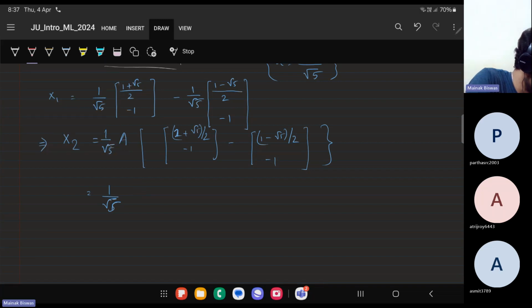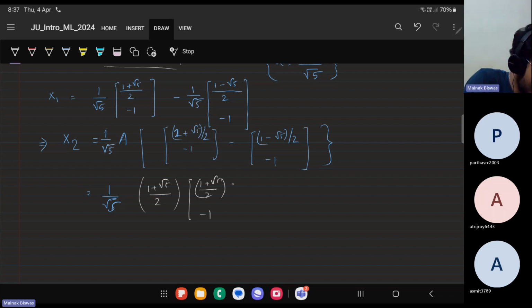So I will get 1 plus root 5 by 2 into 1 plus root 5 by 2 minus 1, minus 1 minus root 5 by 2 into 1 minus root 5 by 2 minus 1.